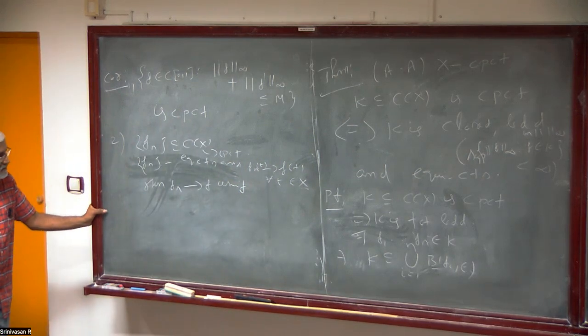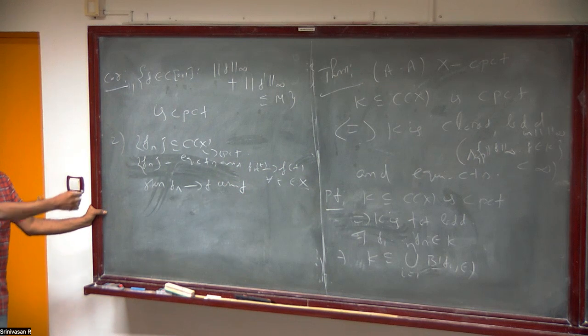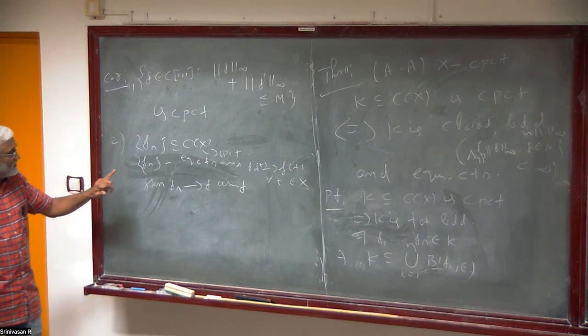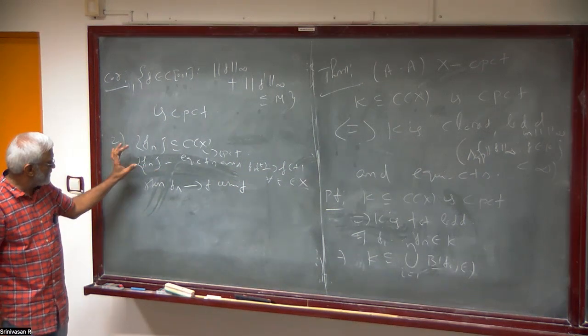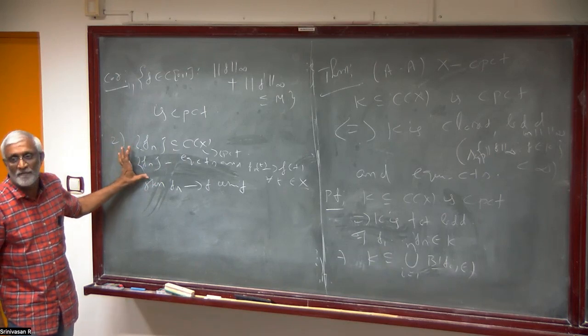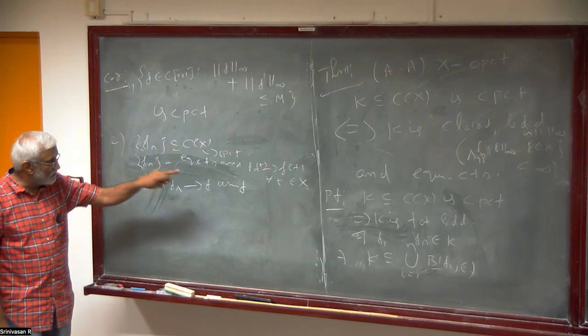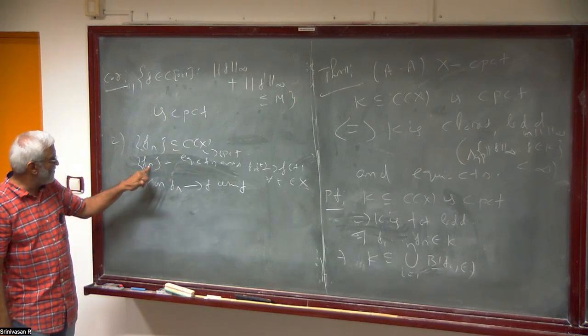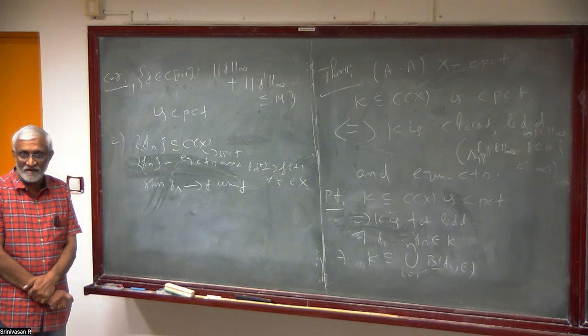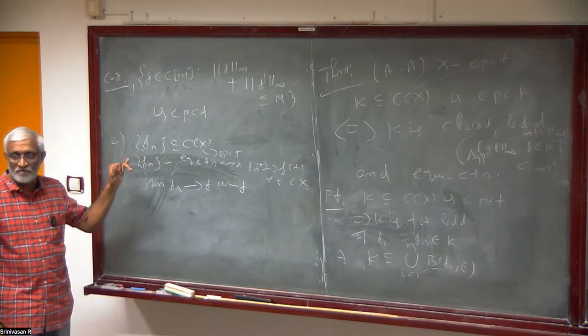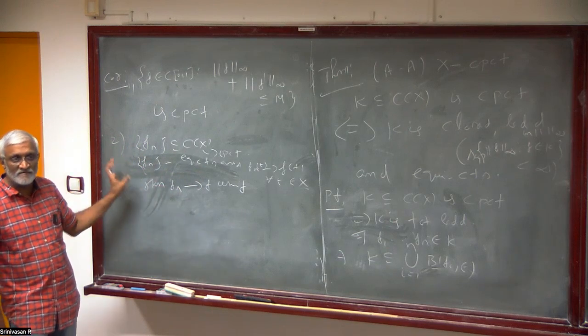Can someone tell me a proof of this? There is some subtlety in this. The point is Fn is equicontinuous, so this set Fn is sequentially compact. Given Fn, you will get a subsequence which converges. So why does Fn converge to F uniformly? This is a subsequence converging uniformly.